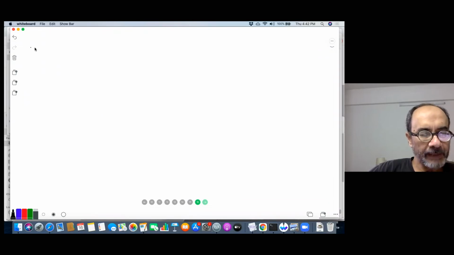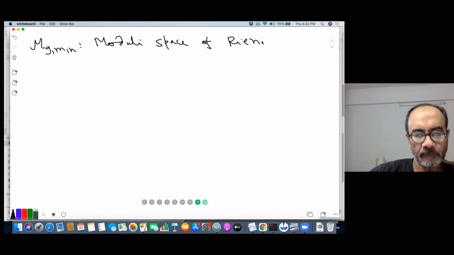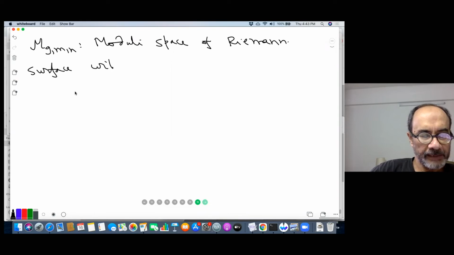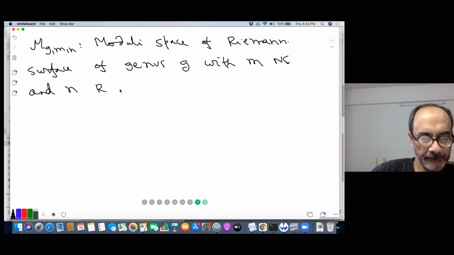So we'll define M_{g,m,n} as the moduli space of Riemann surface of genus g with m NS and n Ramond punctures.